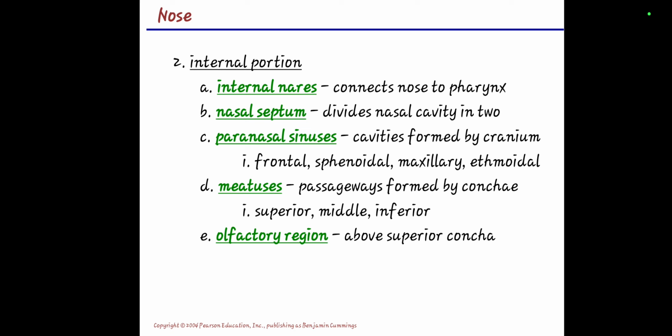Okay? So we also have the paranasal sinuses. These are the cavities formed by the cranium: frontal, sphenoidal, maxillary, and ethmoidal. So what is the cranium? As you can see in the external portion of your nose, we have the frontal bone, di ba?